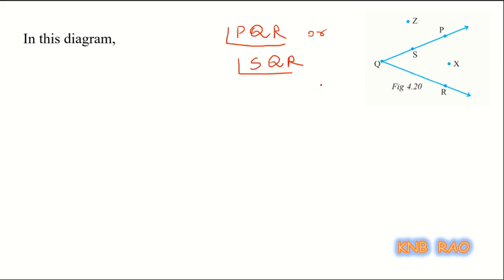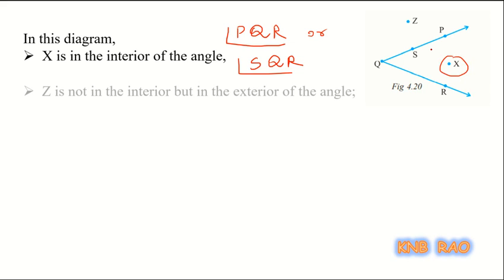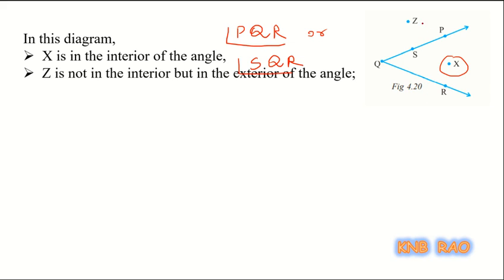Now say students, very important, point X is in the interior of that angle, point Z is in the exterior of that angle, and point S is on the angle PQR.